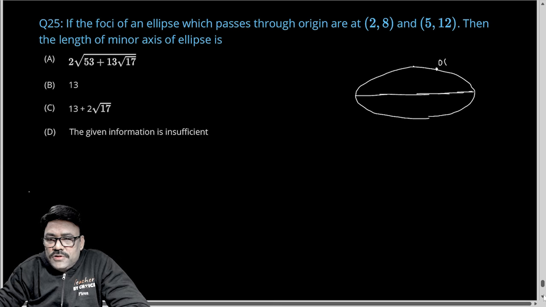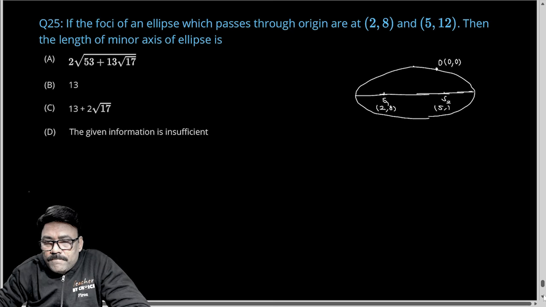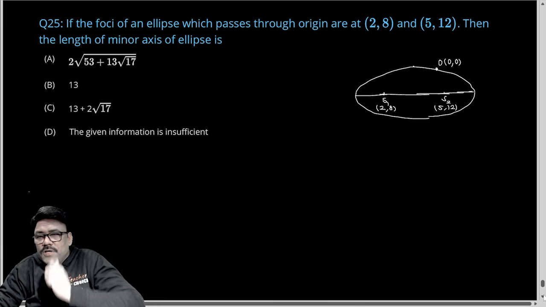Let's say origin is on the ellipse. And the two foci of the ellipse, let's say S1, S2, are 2, 8 and 5, 12. These are the foci of the ellipse.